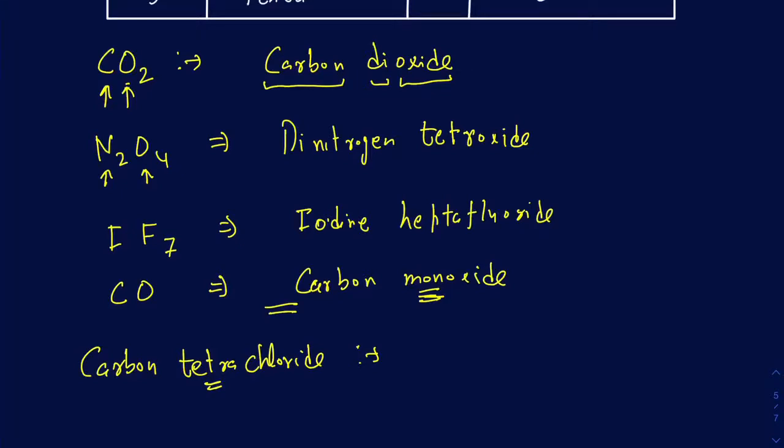So it's going to be carbon being our first element, and there's only one carbon. I don't have di, tri, or anything in front of the carbon. Then the second element is chlorine, because it has a chloride here, but it's tetrachloride, so there's got to be 4 chlorines, so it's going to be CCl4. So that's how you're going to be figuring out the names or the formulas of these covalent compounds.